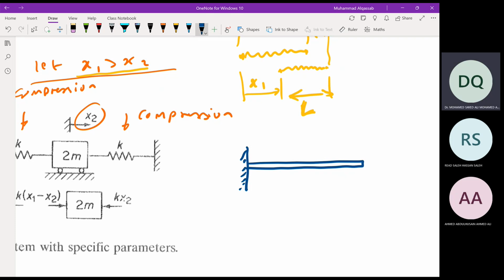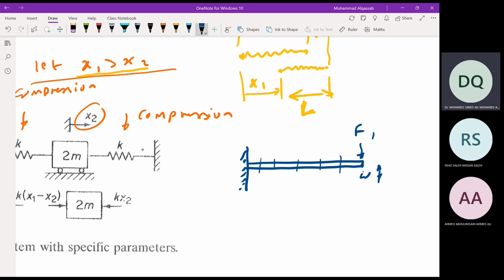If you put a force here with a sine wave or whatever, then this point will vibrate up and down with the frequency omega. How about the other points? They will vibrate with the same frequency.